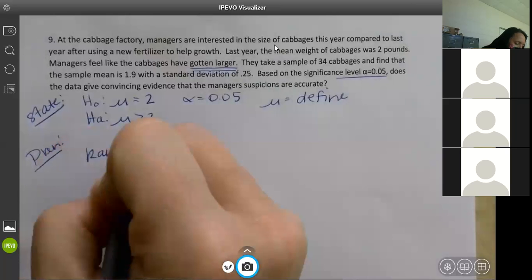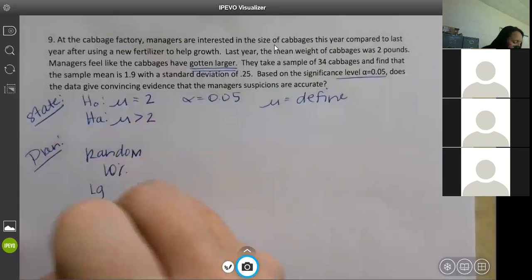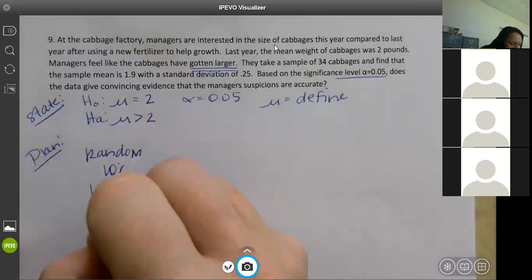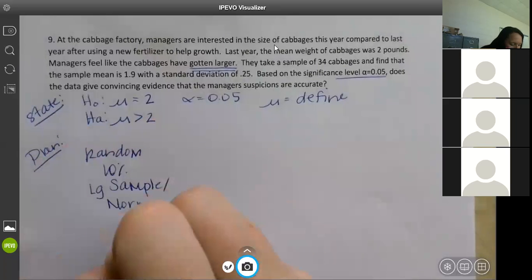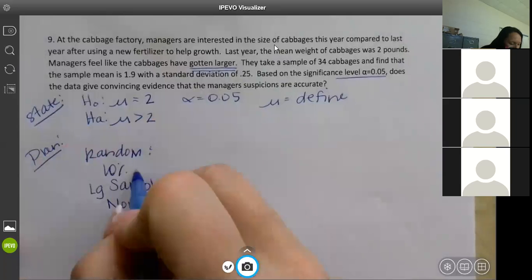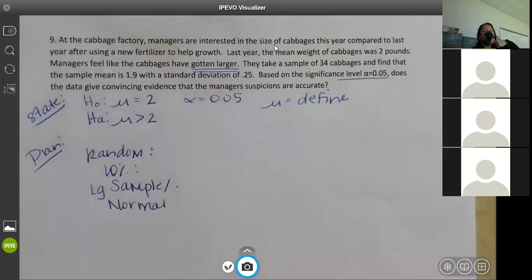You're going to check conditions and your test. So is it random? It doesn't have the words random in there, but did they take a sample? It was a simple random sample.